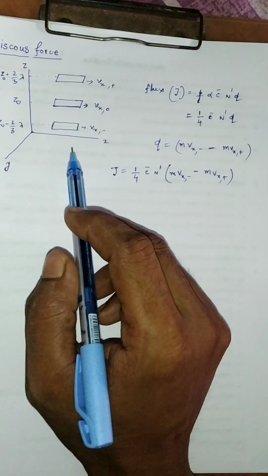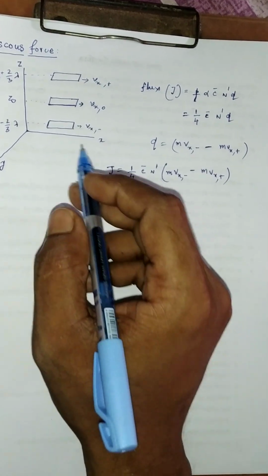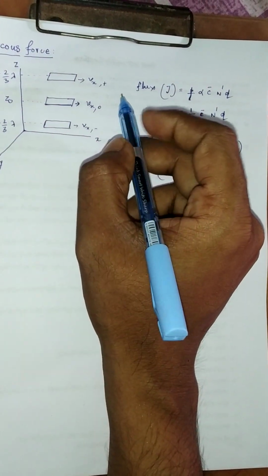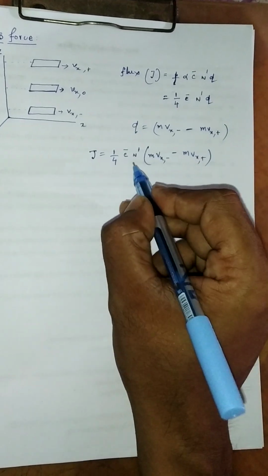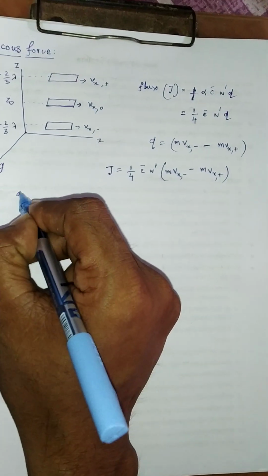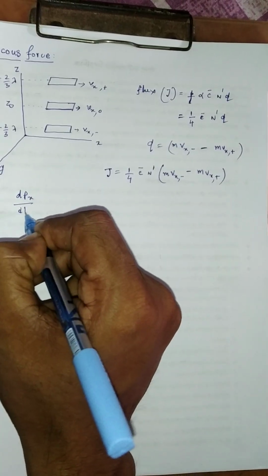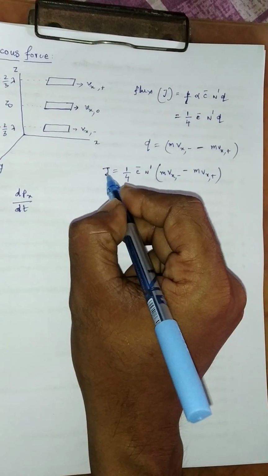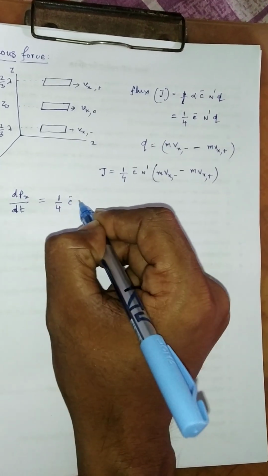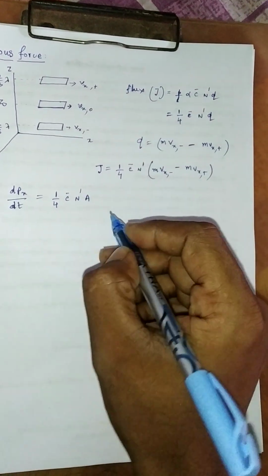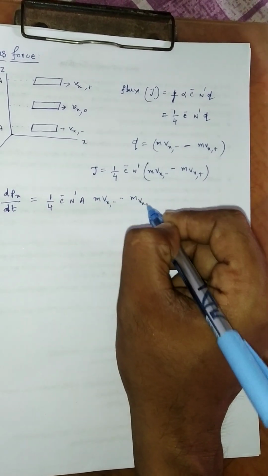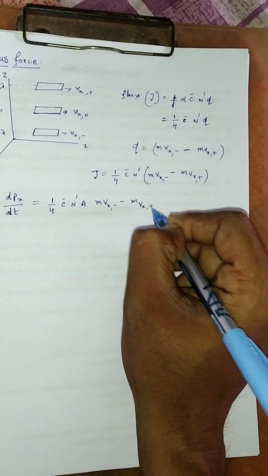If we consider the change in momentum of the layer of area A, then the change in momentum dpx by dt will be equal to 1 by 4 C average N dash A m Vx minus m Vx plus.